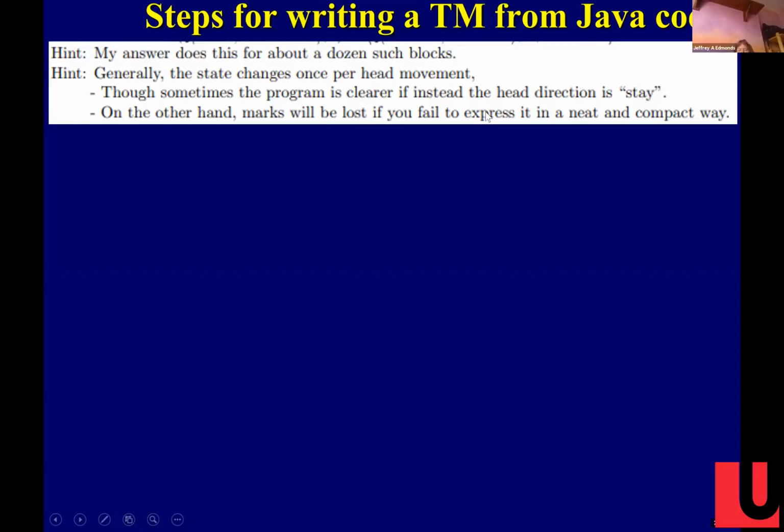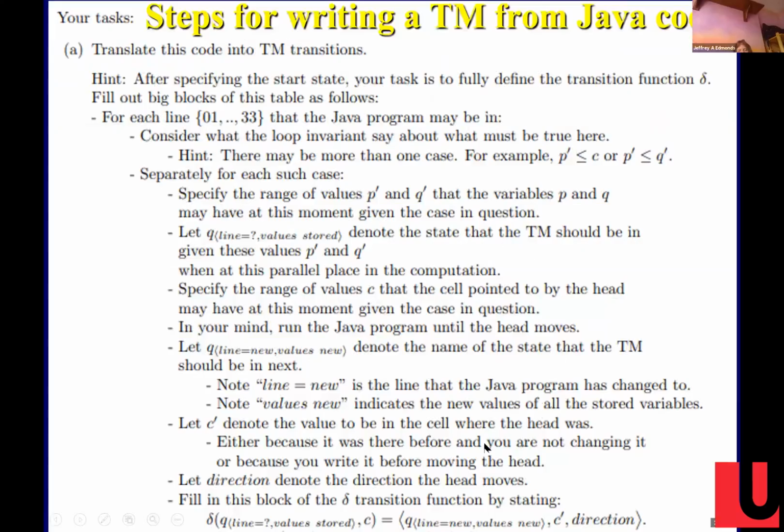So it's okay once or twice to say, I'm not moving the head. Generally, I do that when there are two cases, and in one of the cases, I move the head. In the other case, I don't move the head. So in the one case, I move the head, and in the other case, I do a stay so that it makes the code flow better. Everybody good with that? Yeah, sure.